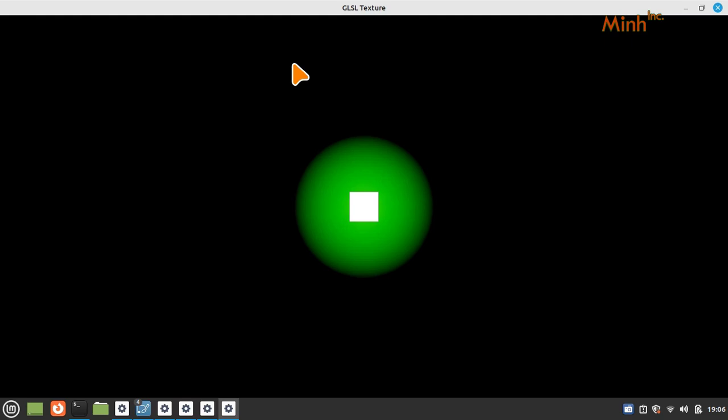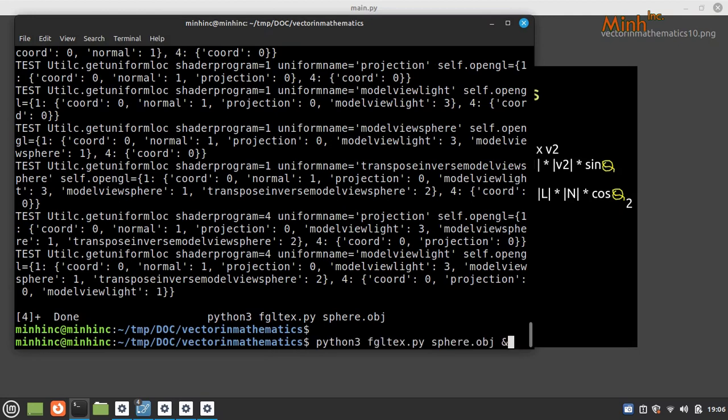Okay, so I'll bring it back. Actually, I am rotating the light, but locally there is no light.